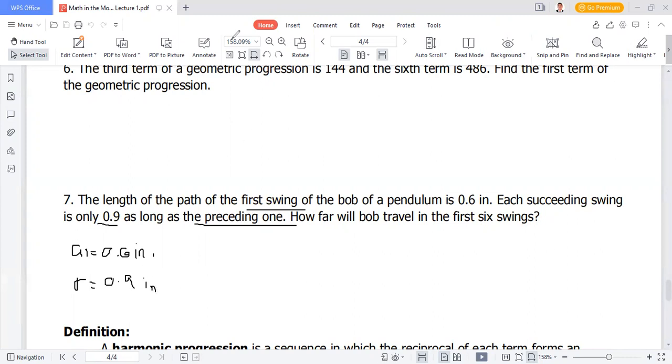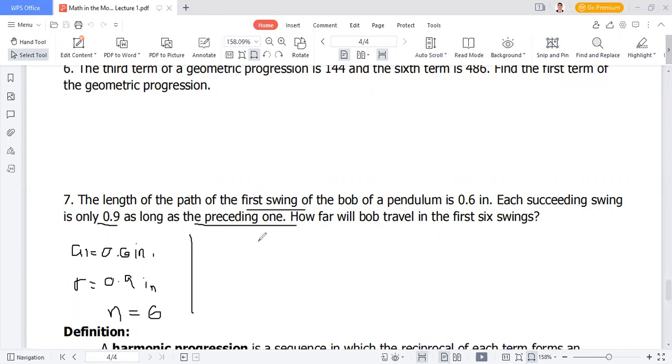Now, for our n, how far will bob travel in the first 6 swings? How far? So we're talking about the sum. Kasi mula daw sa una hanggang sa pang-anim. Pagsasamahin natin yun. So sum.